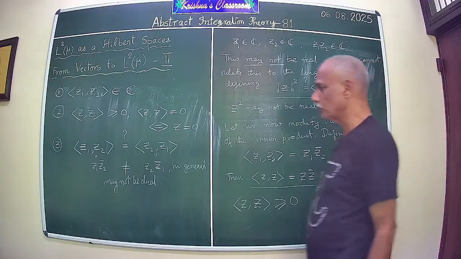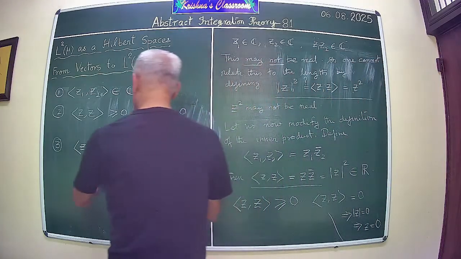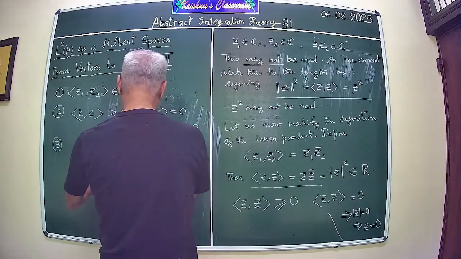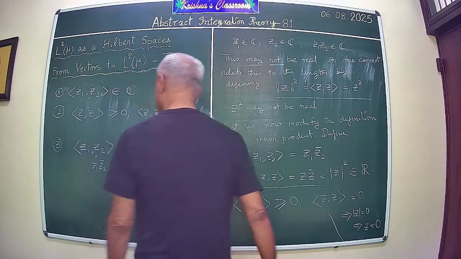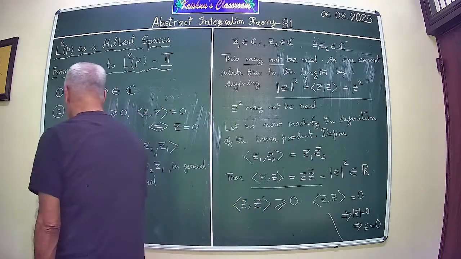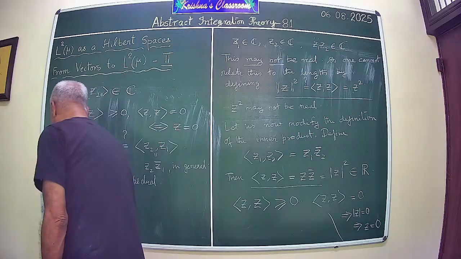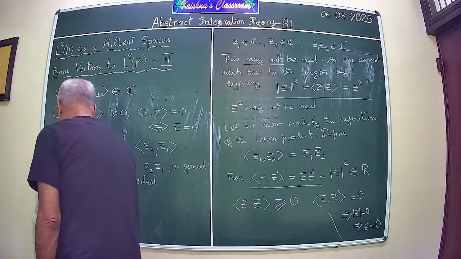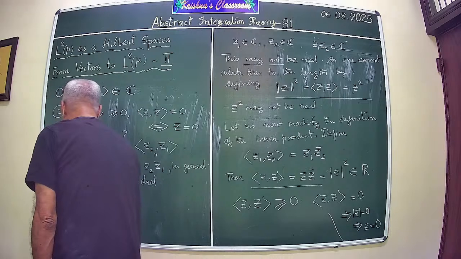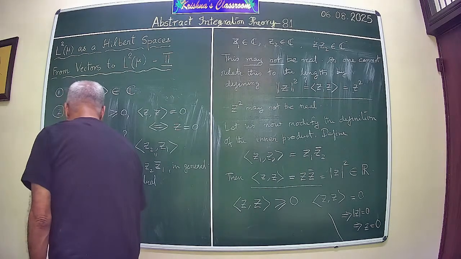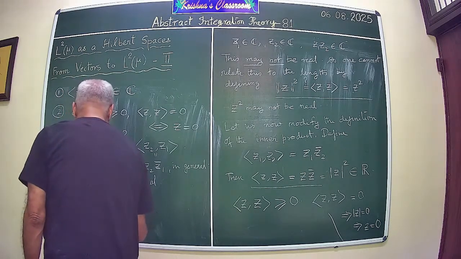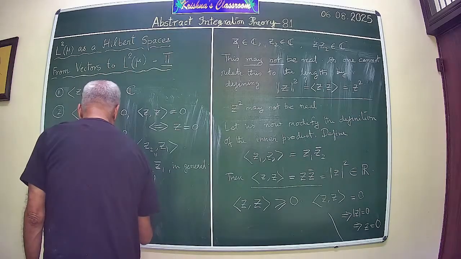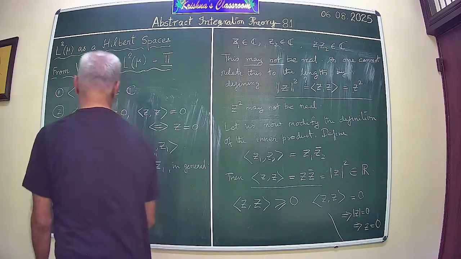So what do we have to do? To see that these two are equal, provided you take the complex conjugate of this. Therefore, we replace 3 and take the conjugate.